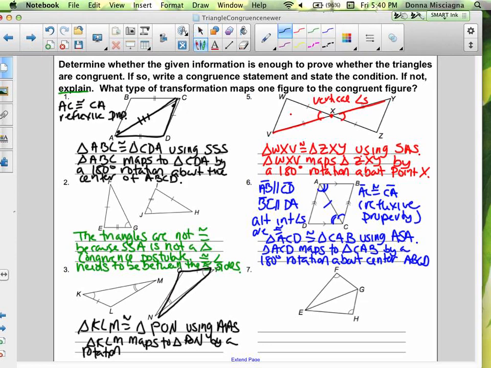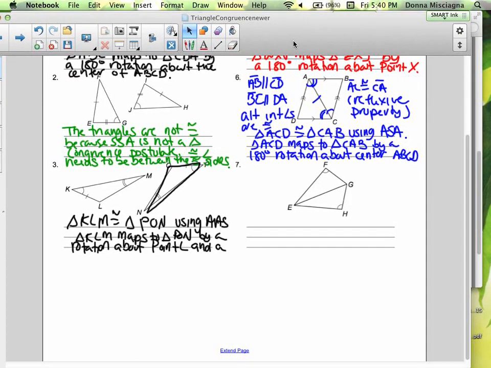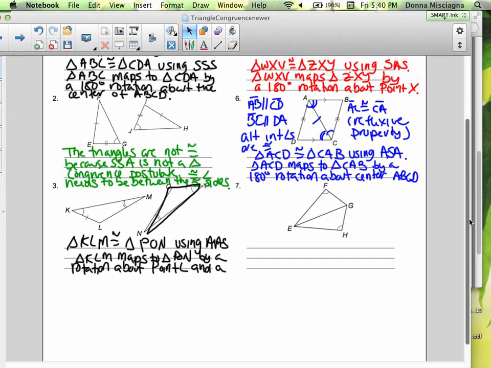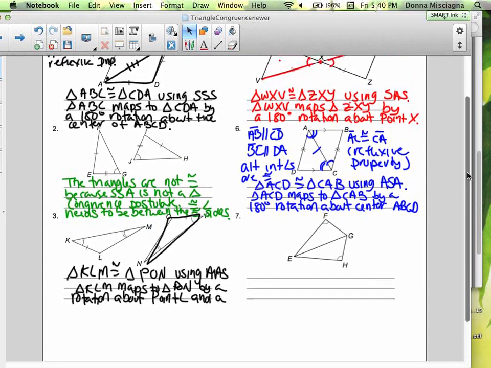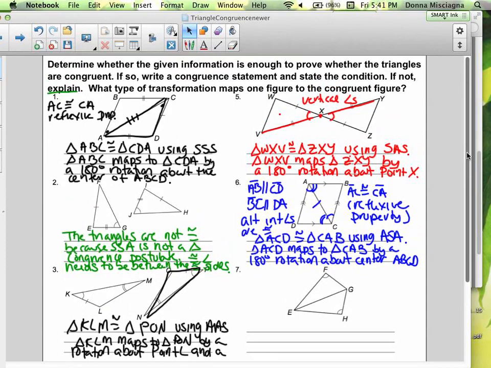All right, so a rotation about point L, and a translation. I need just a little bit more space. I'm going to move it, and it's probably going to move it too far. There we go, I told you it'd move it too far, because now you can't see the rest of the page. Hopefully I've given you enough space. Here, we're just going to go right to like here.